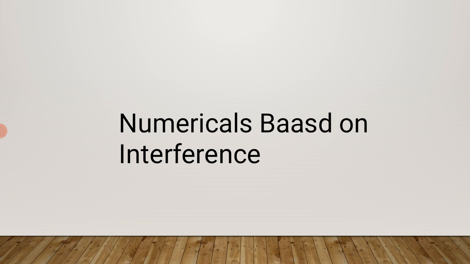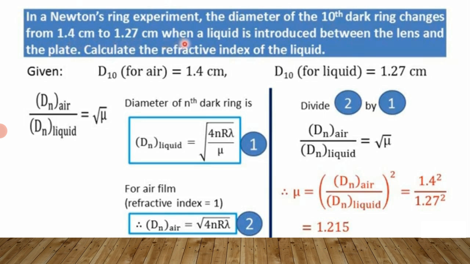So let's see. First, in Newton ring experiment, the diameter of the 10th dark ring changes from 1.4 cm to 1.27 cm when a liquid is introduced between the lens and the plate. Calculate the refractive index of the liquid.